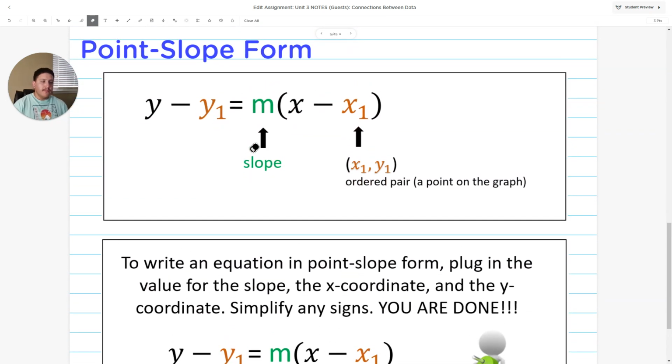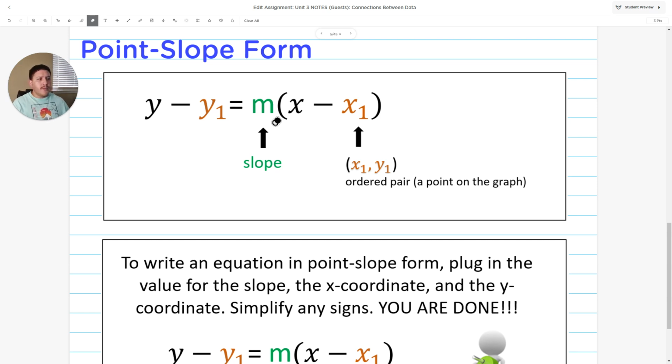Point slope form. So there are different forms of stating your information. In the case of slope, y-intercept, y-axis, x-axis, x-intercepts, point slope form is the form where you have one of the points and its slope. One of the points is visible in y1 and x1, and then the slope is visible.